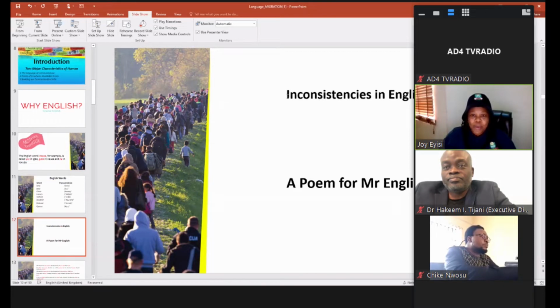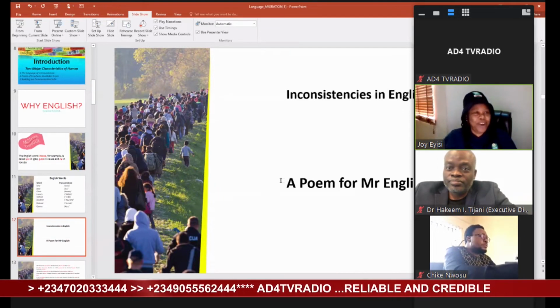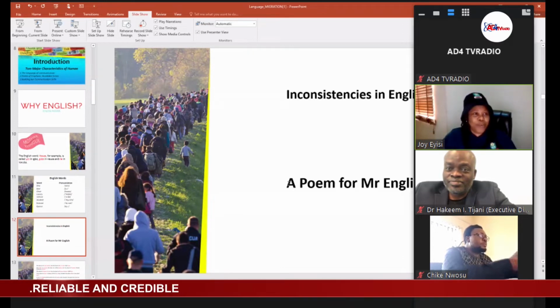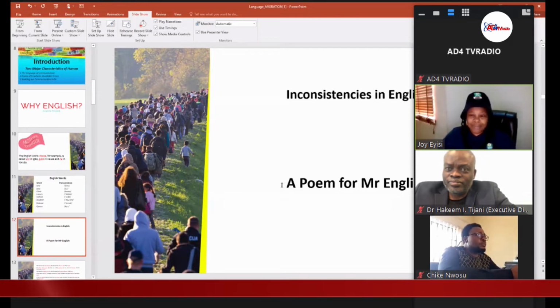One of my students observed the inconsistencies in the English language and made a poem for Mr. English. He said, "The English language, what kind of man are you? He told me to put an S for a noun and I will make it plural.